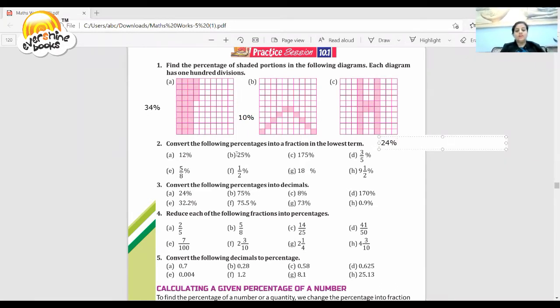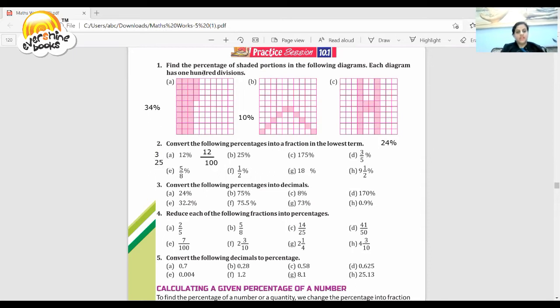Now convert the following percent into fraction in the lowest term. Lowest term means you have to put the fraction sign, that is 12 upon 100, and 100 will come down. When you make it in the lowest term, the answer of 12 upon 100 is 3 upon 25.